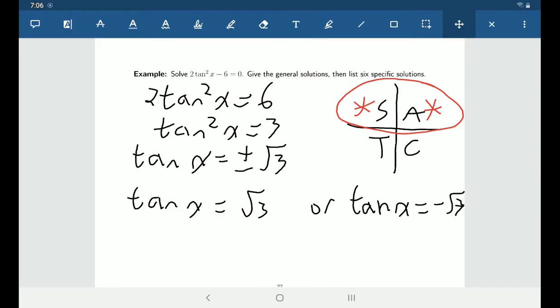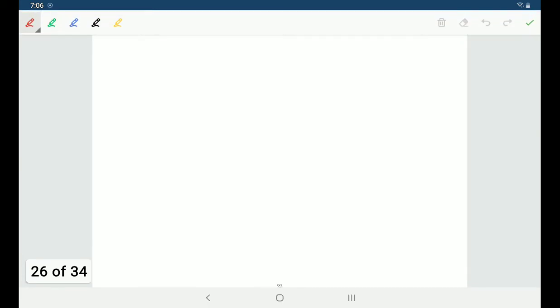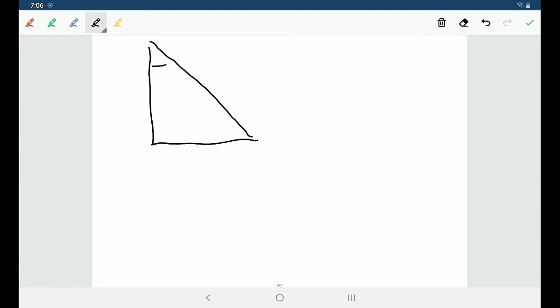Okay, so let's get into it. We're looking for tangent of x equal to root of 3 or negative root of 3. And if we draw our special triangle, we know that root of 3 shows up in our 30, 60, 90 triangle.